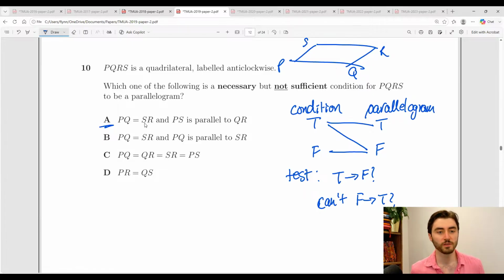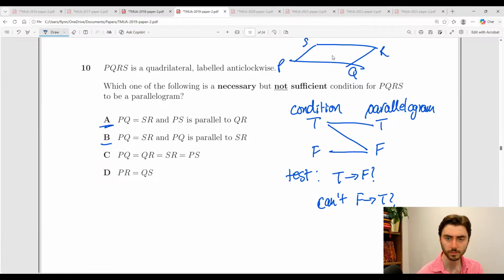If it is false that these things are equal, then it cannot be true that it's a parallelogram. Which must be true but is not sufficient. Can it lead to something that's not a parallelogram? Yes. It can lead to a rectangle. So A is in the running.